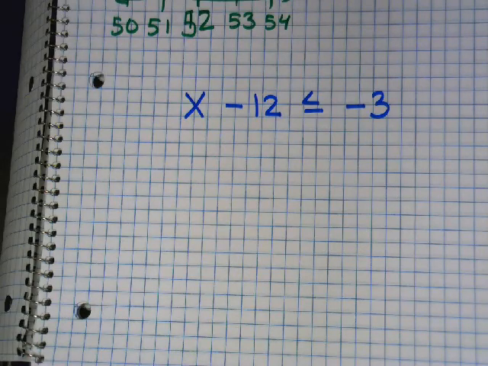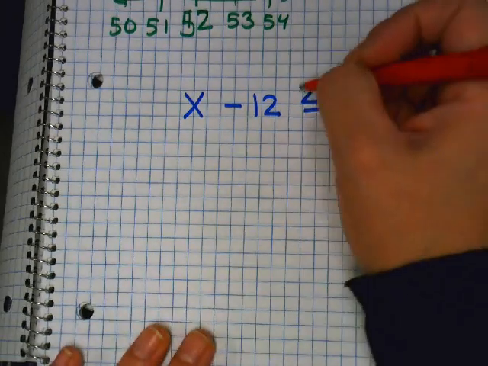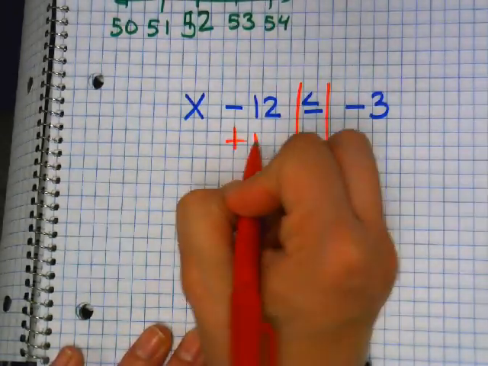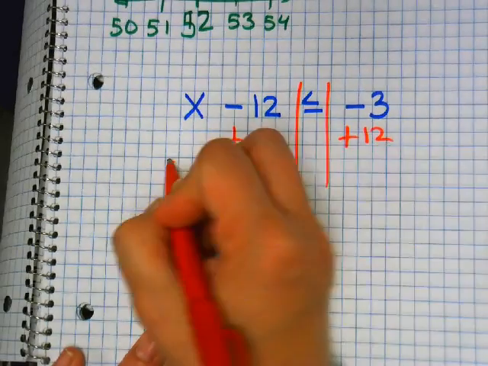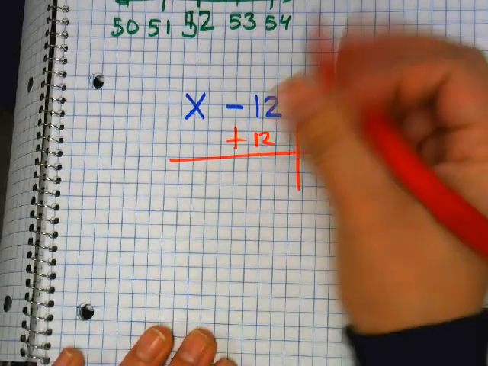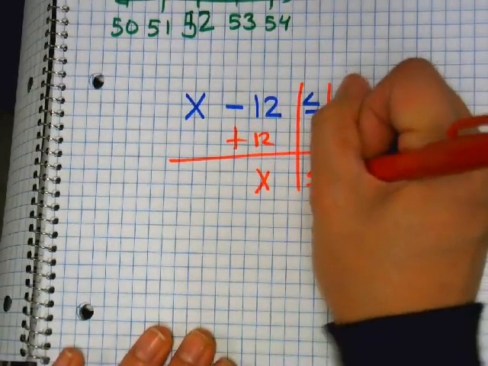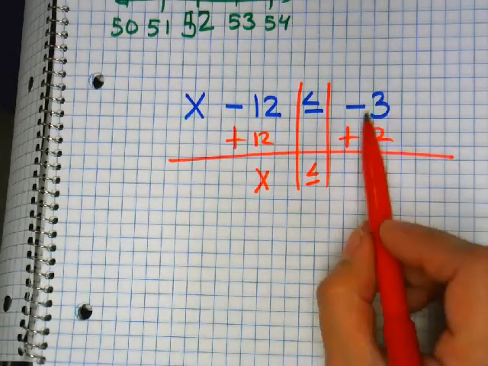All right. What'd you guys get? X is what? 9. All right. So it's plus 12, right? Plus 12. So this gives me 0, which is what I want. X, bring down the inequality sign. Now, it's negative 3 plus 12.